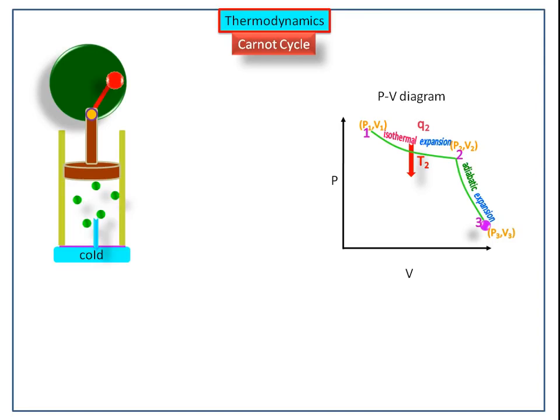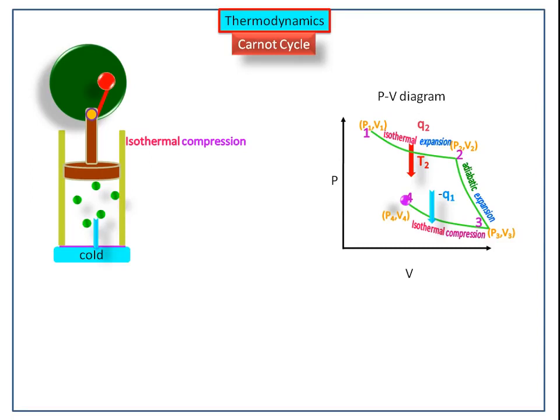As the piston compresses, work is done on the system, increasing its internal energy. An increase in internal energy is closely associated with an increase in temperature. However, the temperature of the system stays the same because heat flows out of the system to the sink. This heat is equivalent to the work done on the system.